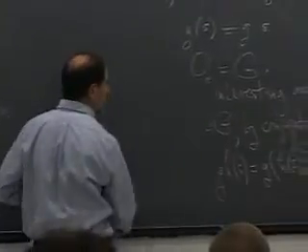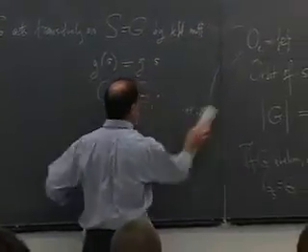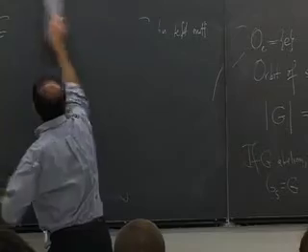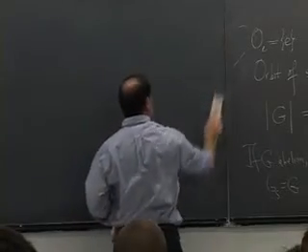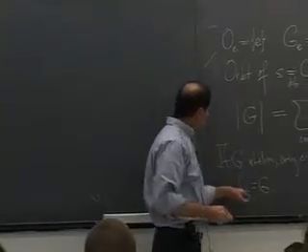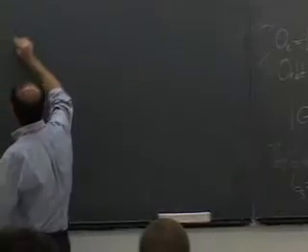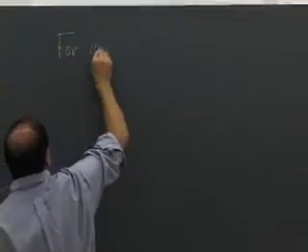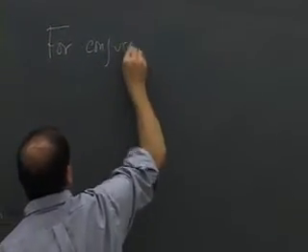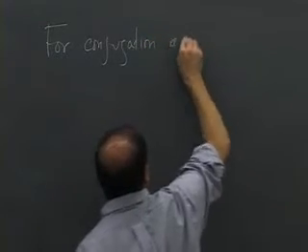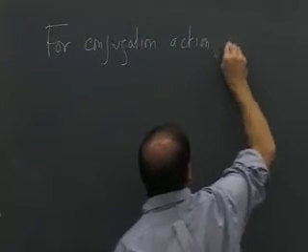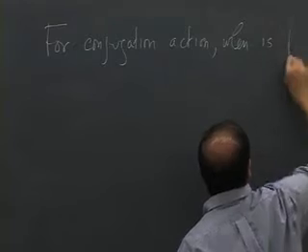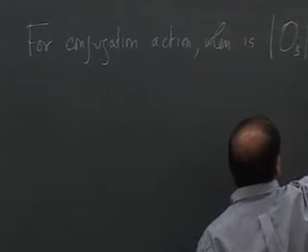I'll give you another example of this amazing class formula. Now, when is an element S in a group, for the conjugation action, when is the size of the orbit of S equal to 1?